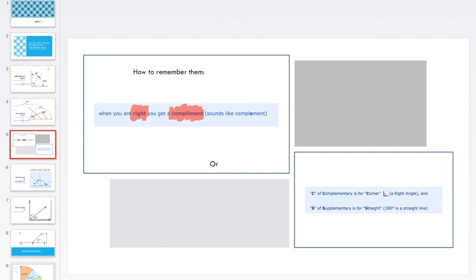So right earns a compliment, and right, which is 90 degrees. Complementary sounds like compliment. The other thing to remember is C of complementary is for corner, like a right angle.